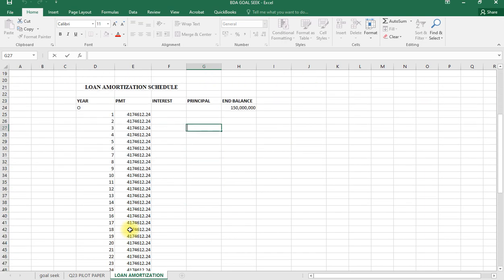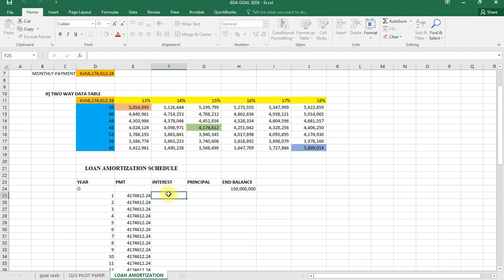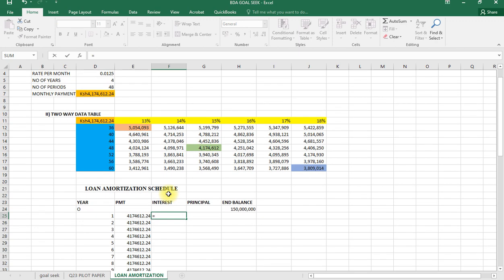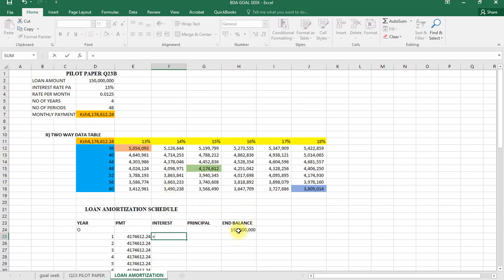So here the interest will be based on the initial amount, this one, the running balance. So we multiply by our interest, and I lock the interest.